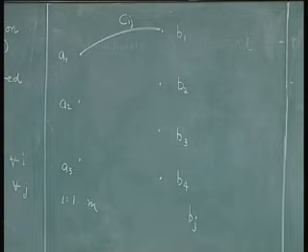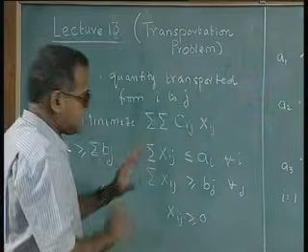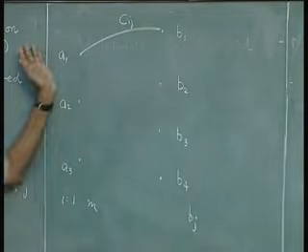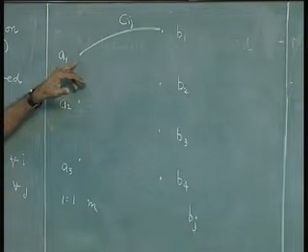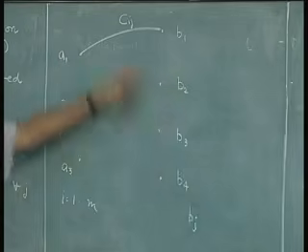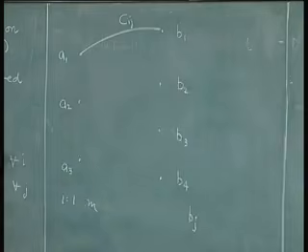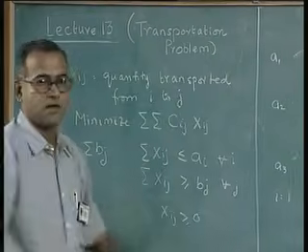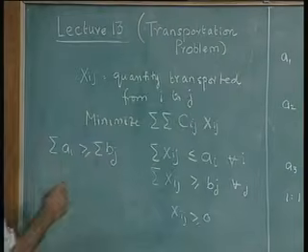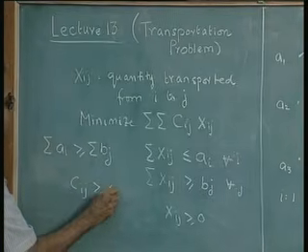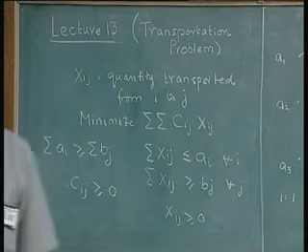The next thing would be, assuming that the total supply is more than the total demand, we will be sending quantities from each of the supply points to one or more of the destination points, so that we meet the demand as well as minimize the transportation cost. It is very reasonable to assume that the transportation cost Cij is greater than or equal to 0 for all i, j.